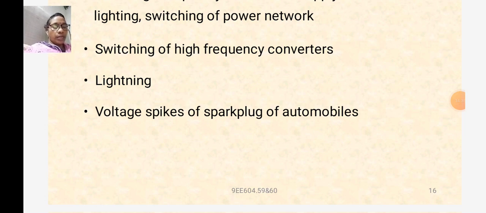It is mainly introduced in the power line due to lightning, switching operation of the power network, switching operation of high frequency converters, and voltage spikes of the spark plug of automobiles, etc. Due to this, noise or interference will result in the power line.